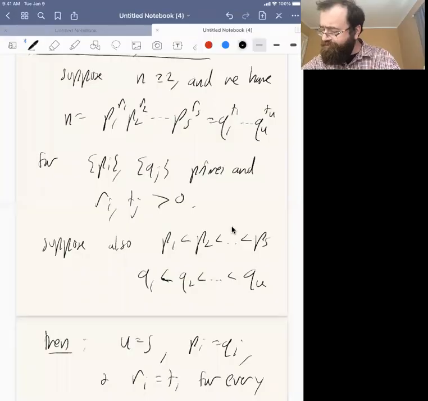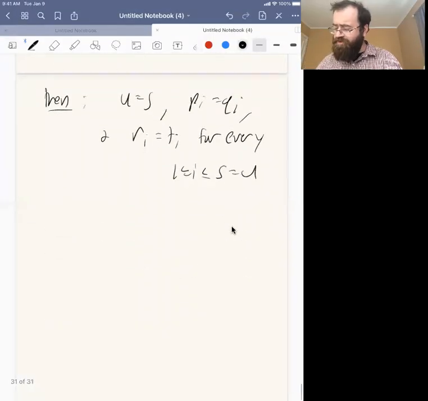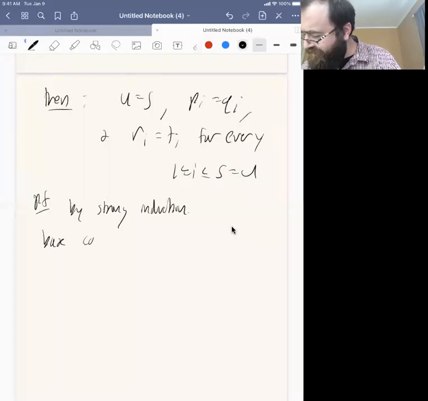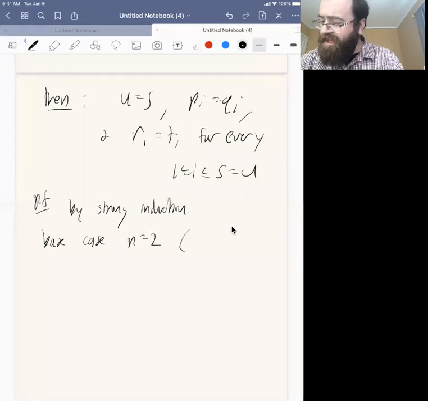So the proof is going to go by strong induction. Base case I'm going to do, because I think it's interesting to do it this way, n equals 2. In fact, the same proof would work for any prime, but let's just do it this way.